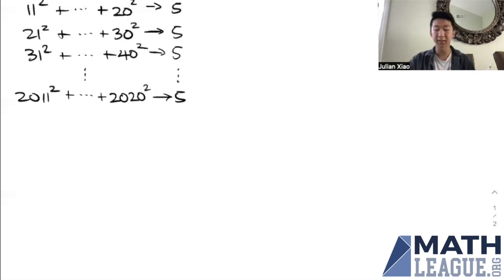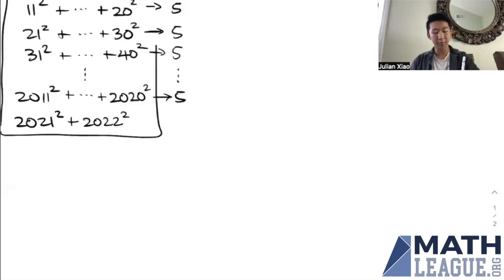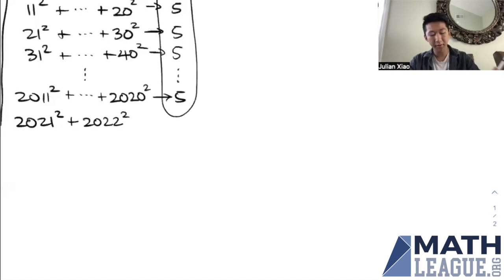So this also has a units digit of 5. The last two numbers that I have to add are 2021 squared plus 2022 squared. And so right here, we have the first 2022 perfect squares. And all that's left for us to do is to simplify everything right here, and we'll be almost done.